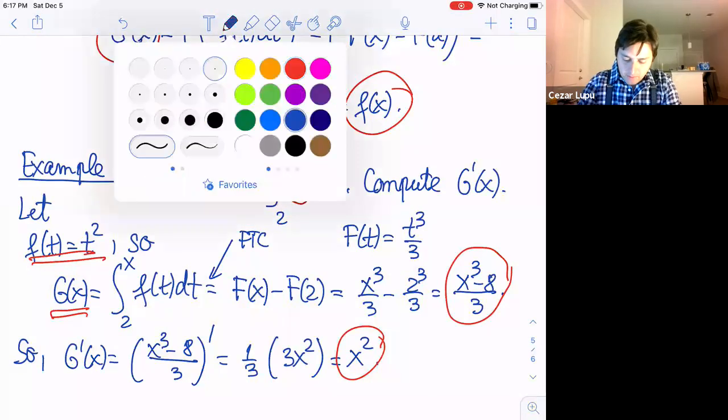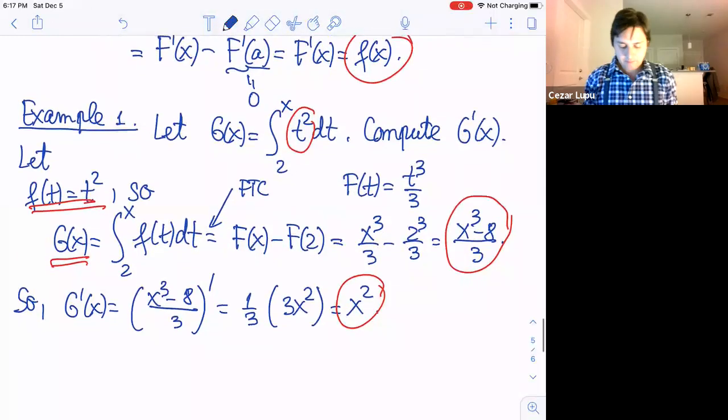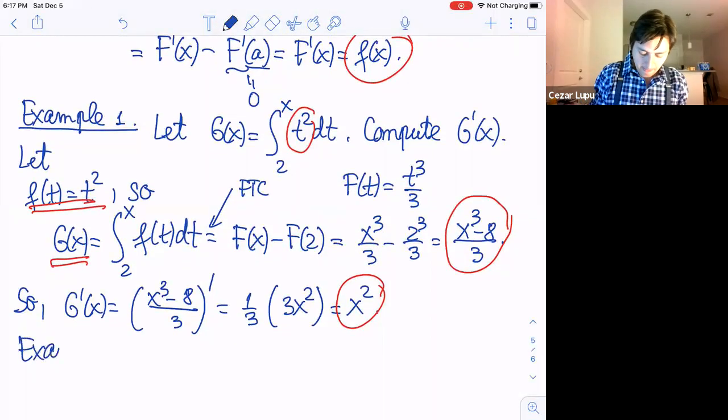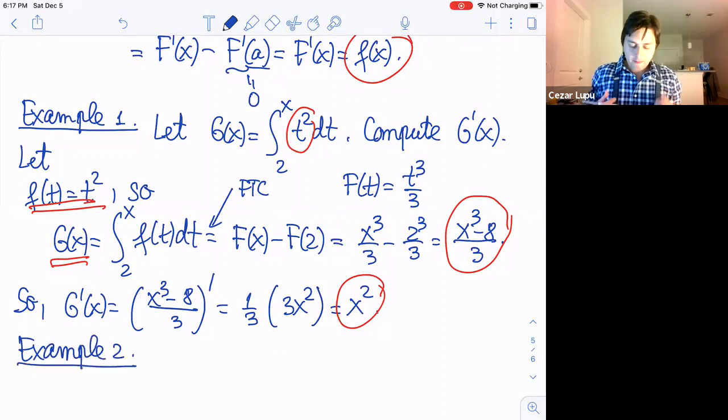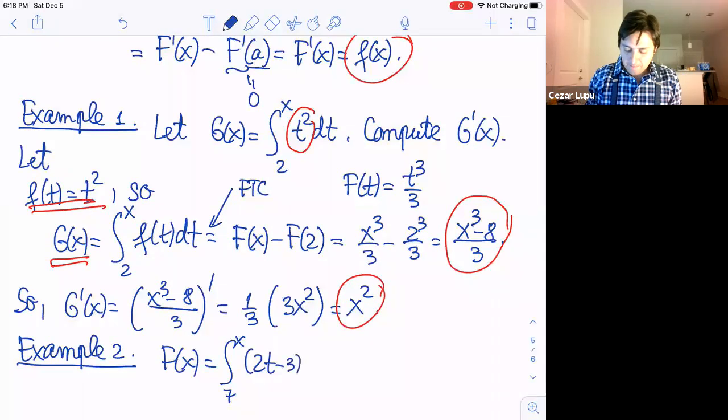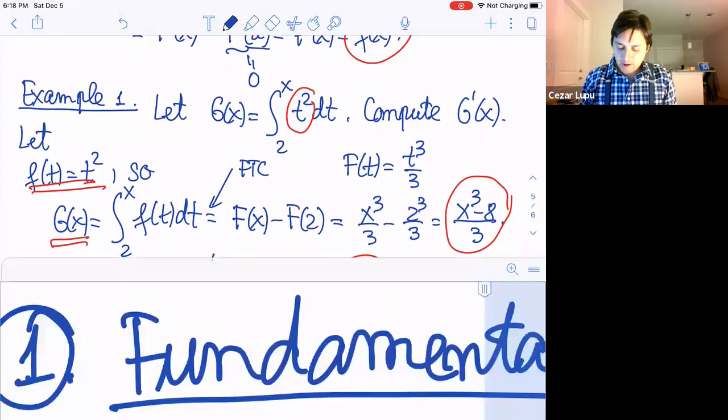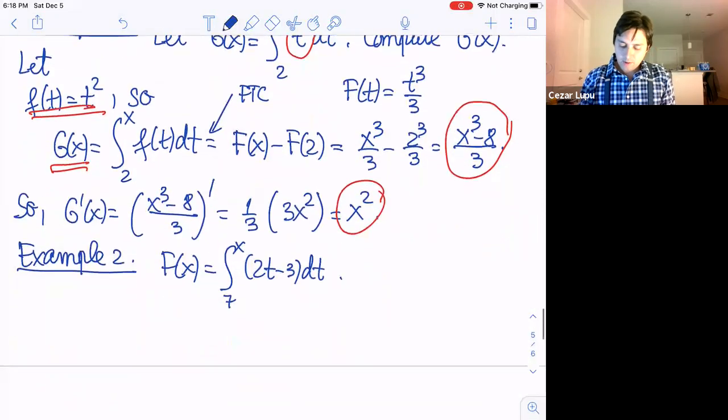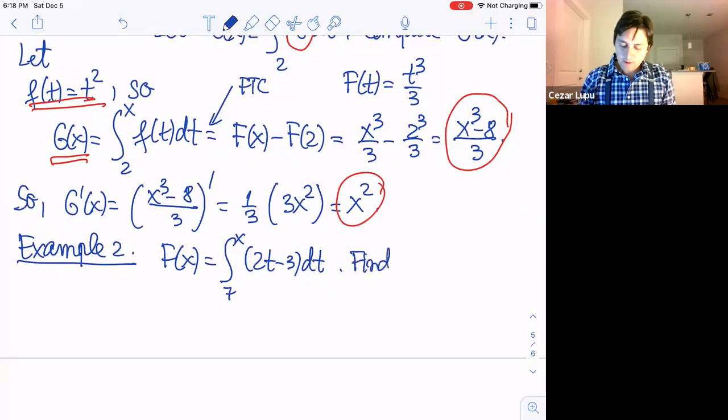So example 2, we'll do a bunch of examples. Now let's consider f of x to be the integral from 7 to x of 2t minus 3 dt. Again, find f prime of x.